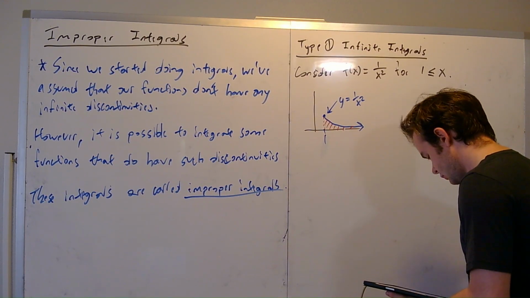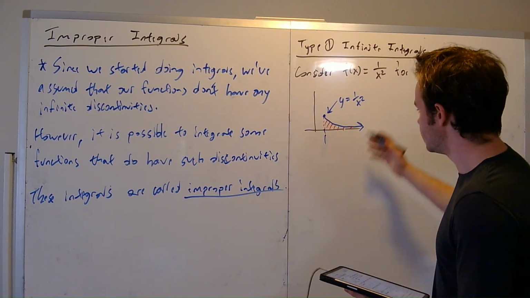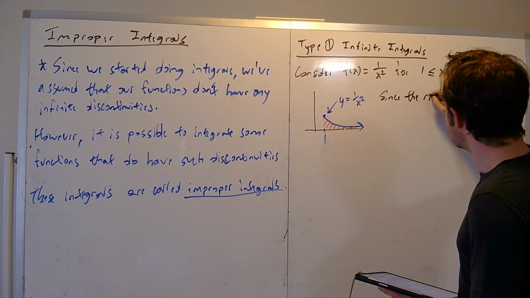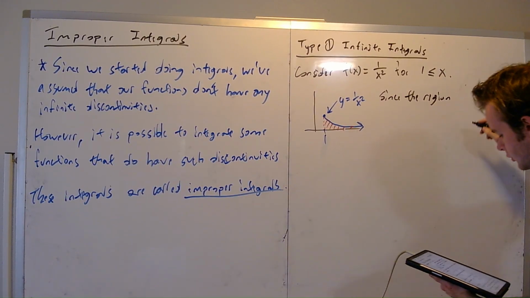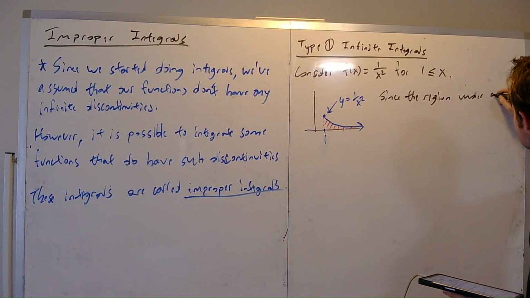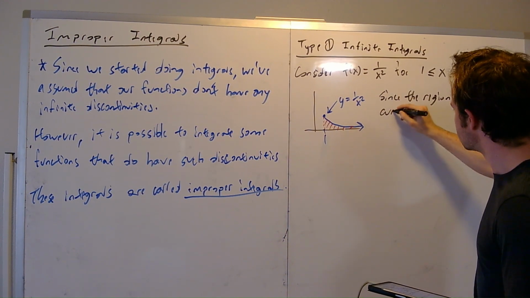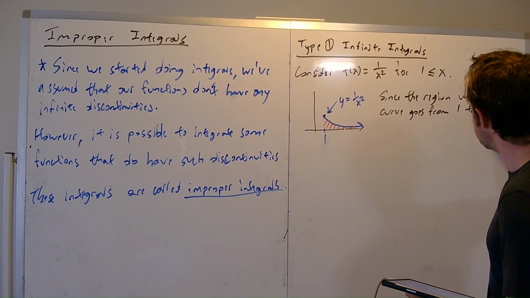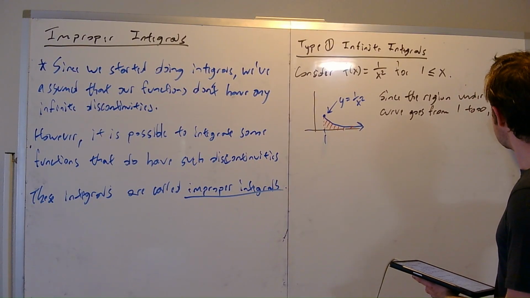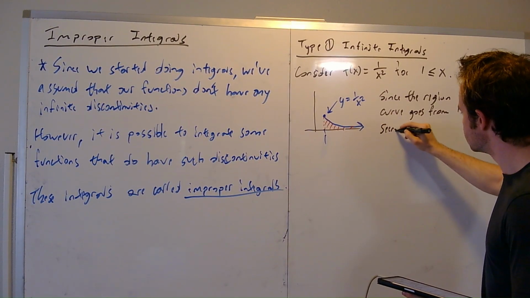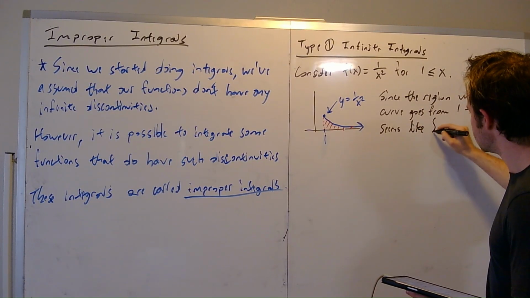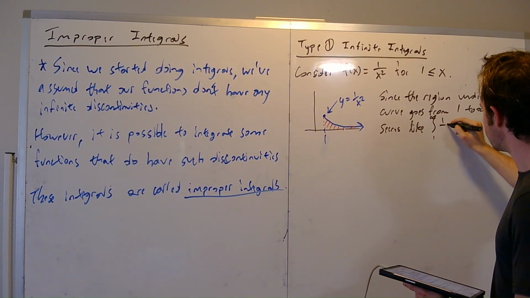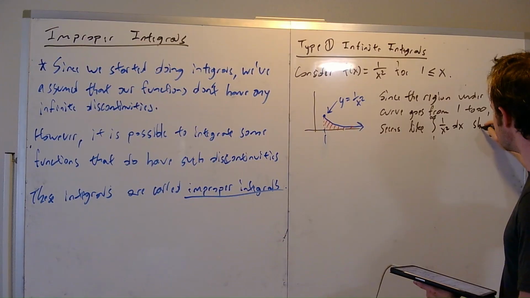So I'll say here, since the region under the curve goes from 1 to infinity, it seems like the integral from 1 to infinity of 1 over x squared dx should be infinite.